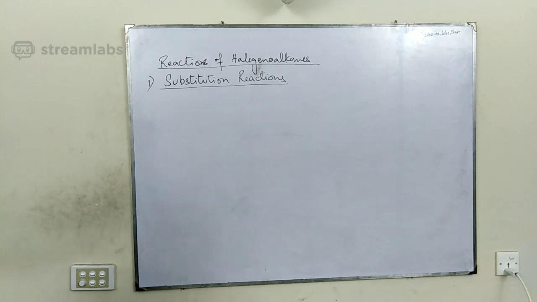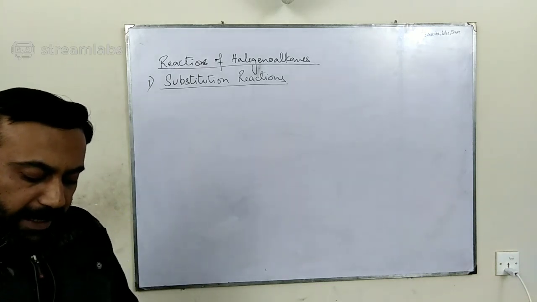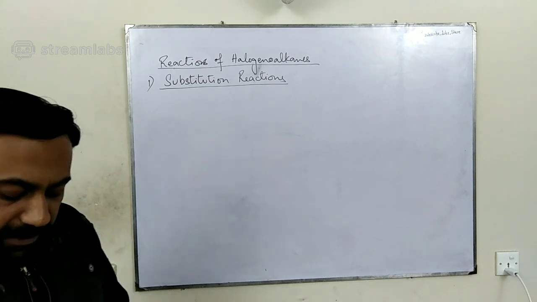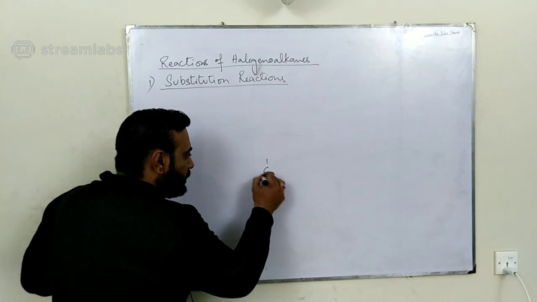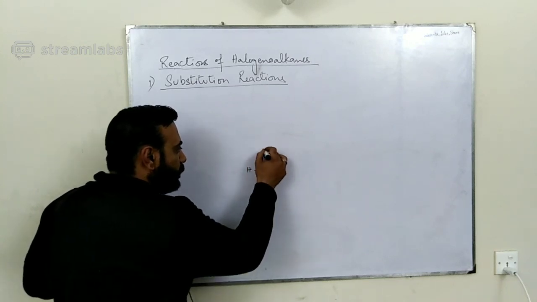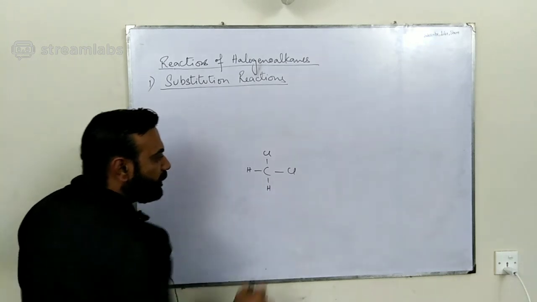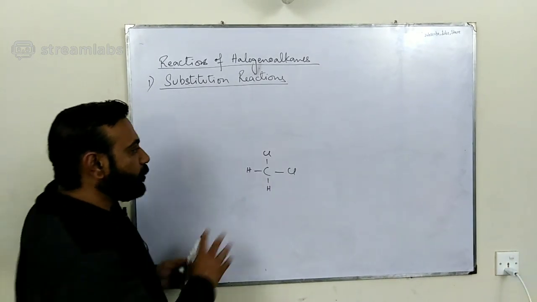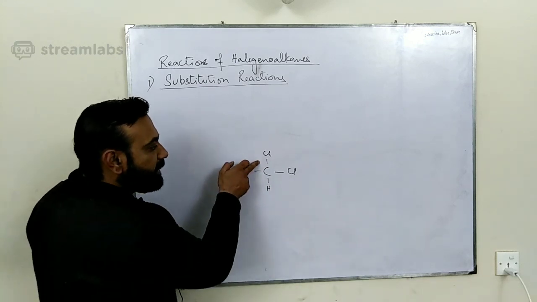Okay, we have another question: what if one carbon atom is bonded to two halogen atoms? What will be its class then? Suppose this is the molecule, there are two halogen atoms and two hydrogen atoms. Now you have to check each functional group one by one. First, let us check this functional group.